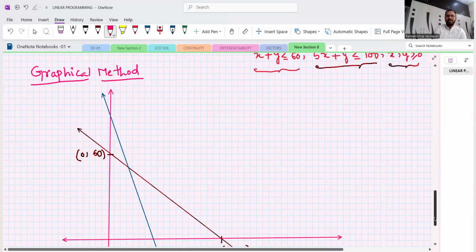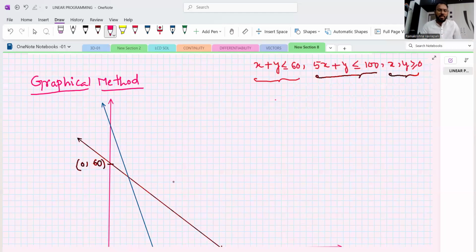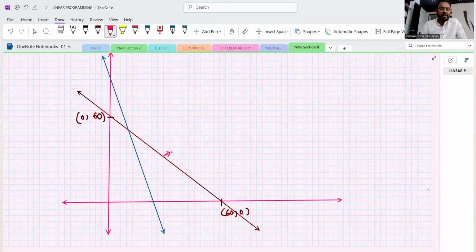Well, it is very simple: we have to draw these lines. We have to draw the two lines, x plus y equal to 60 and 5x plus y equal to 100. So this line is x plus y equal to 60, and this line is 5x plus y equal to 100.